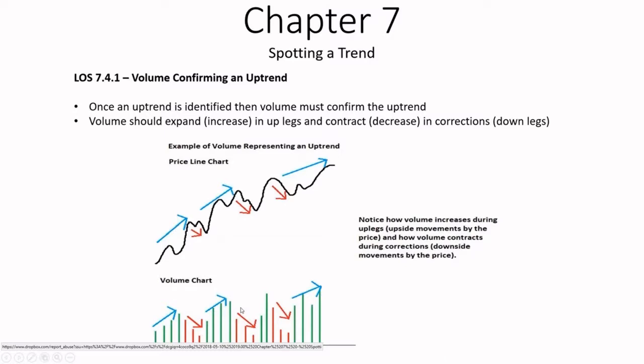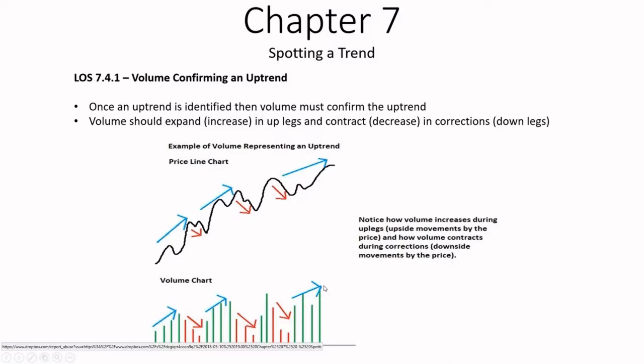In the next up leg, the volume again increases and makes new highs, higher than the highs of the previous up leg move. Then during correction, it decreases, and in the final upward leg, again, the volume has increased and made new highs.